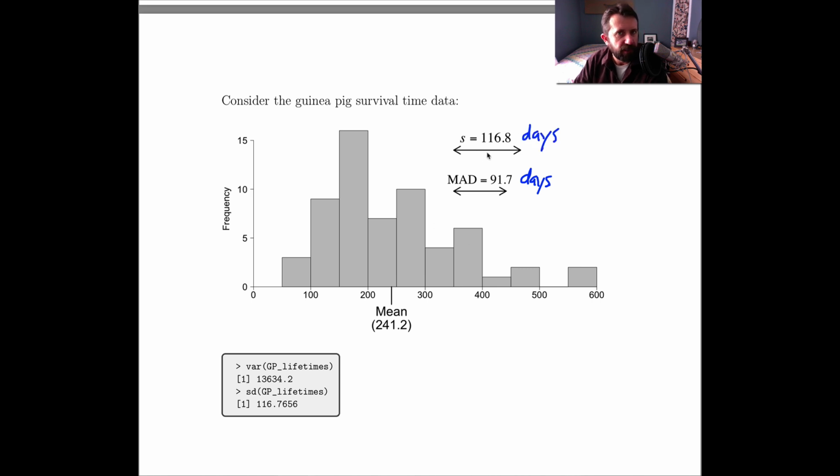And there's no way of figuring out exactly what this is from the histogram, but I went and did it in R. So I put the original 60 data values into R, get the standard deviation of those guinea pig lifetimes, and R tells me that's what it is. So we're going to just think about this now again.